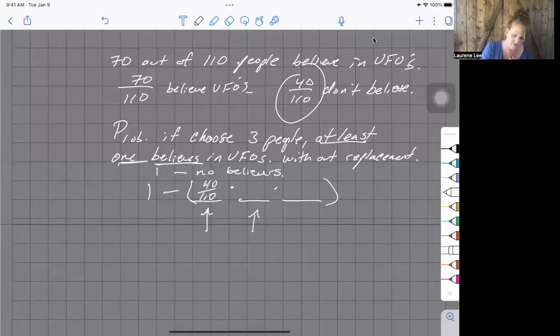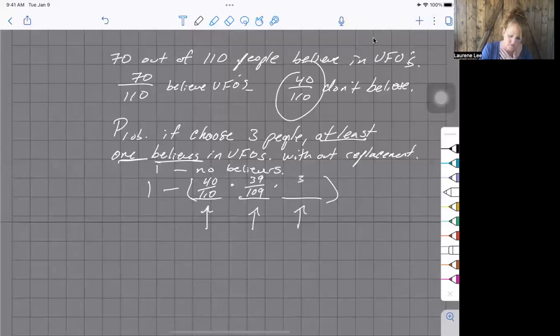So now I want 39 out of 109, right? I pulled a non-believer out, and now there's 39 non-believers left, and my total sample space went down to 109. For my third person, I now have 38 non-believers, and I have 108 in my sample space.